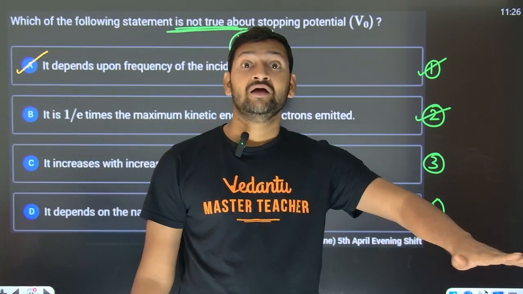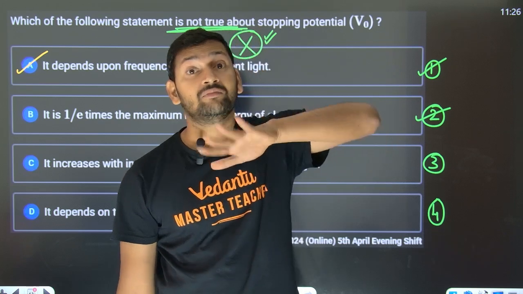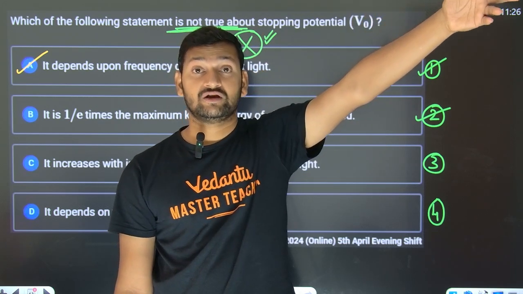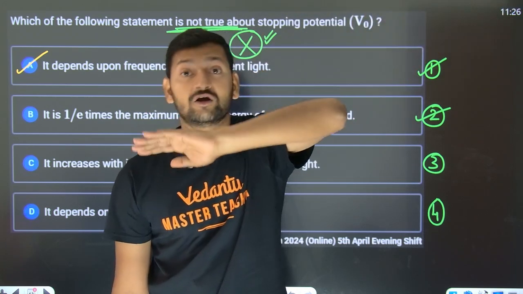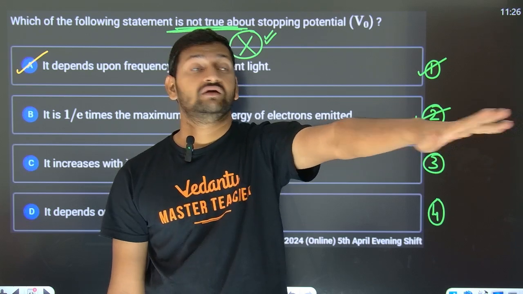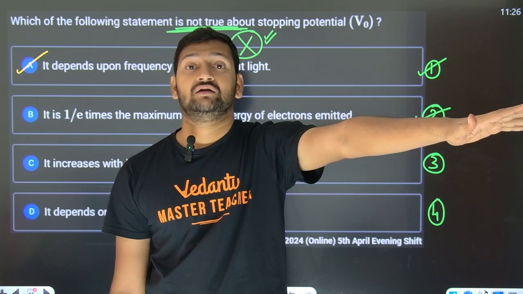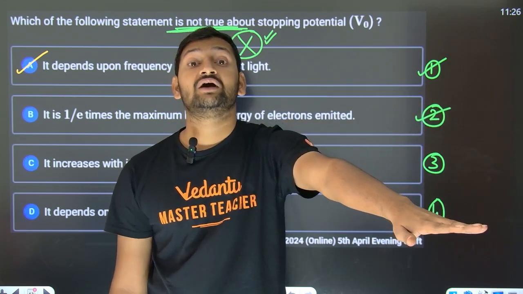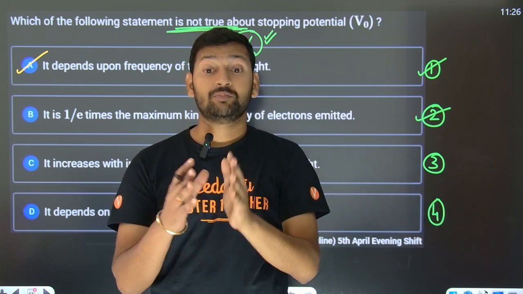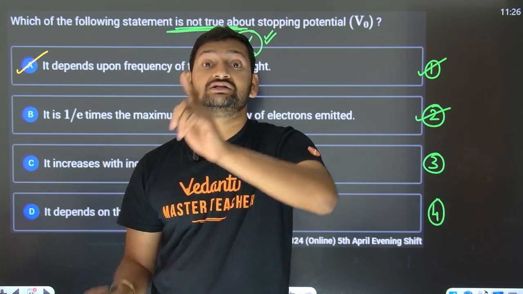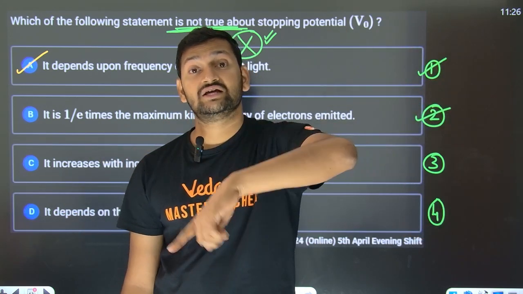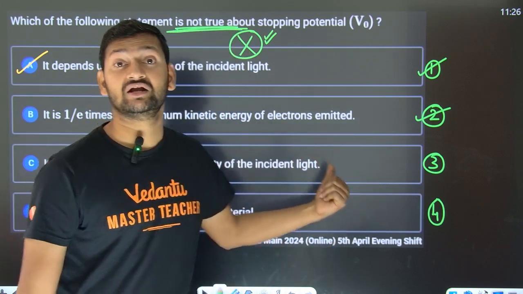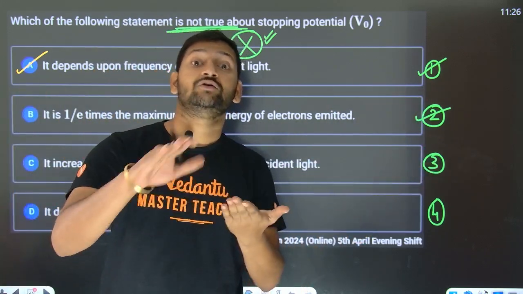No matter how much you increase the intensity of light, if you are not changing the frequency, nothing is going to happen. So stopping potential depends only on the frequency. Without changing the frequency, if you increase the intensity, here intensity means number intensity, the number of photons that are going to be striking.